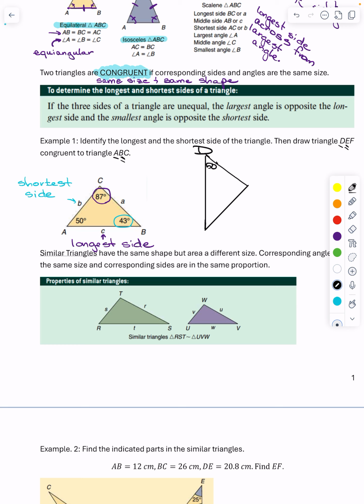E and B have to be the same size. And F and C also have to be the same size.